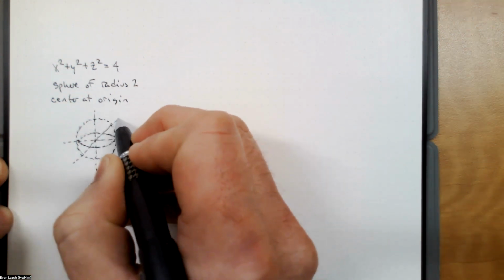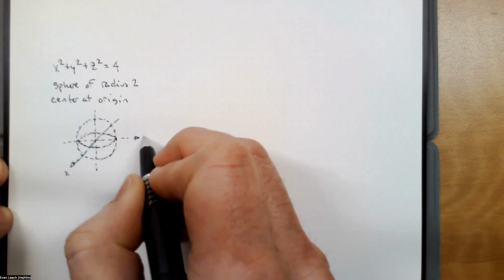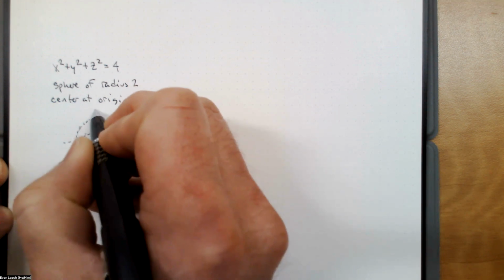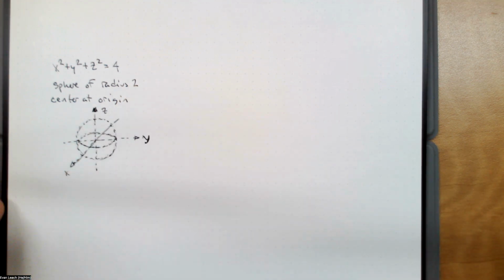The only reason that we can imagine that is because we've seen a 3-dimensional sphere before.